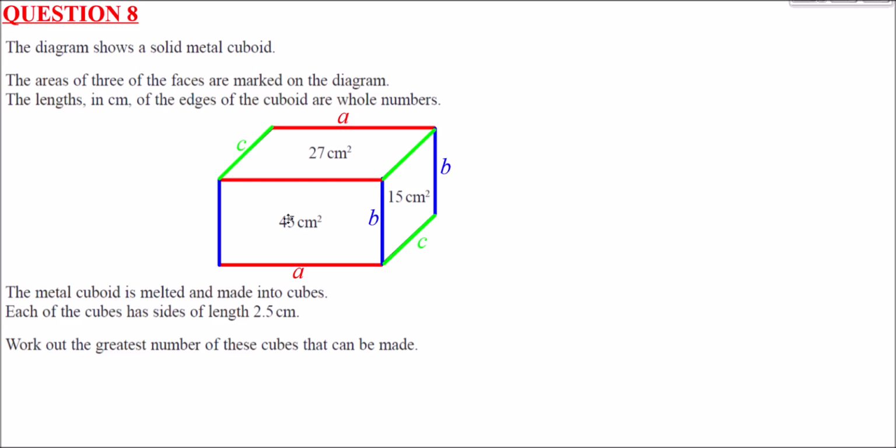Now, we need to think about the information we're given in terms of the areas of each face. Let's look at this front face first of all, which is 45 cm squared. Each face of a cuboid is rectangular, so the area of the front face is the length times the height. So A times B must give us 45.